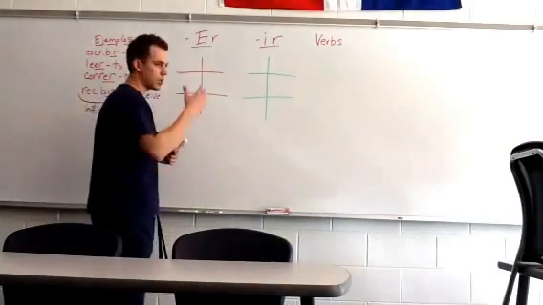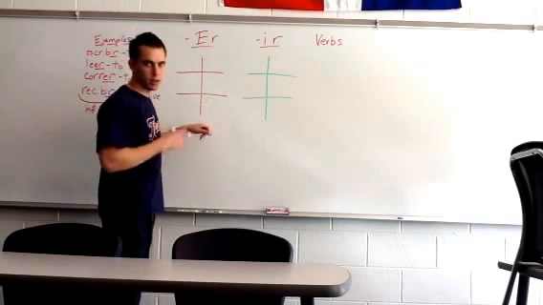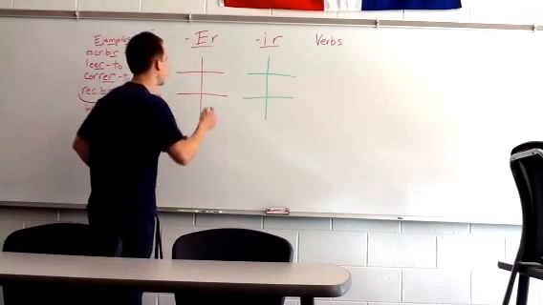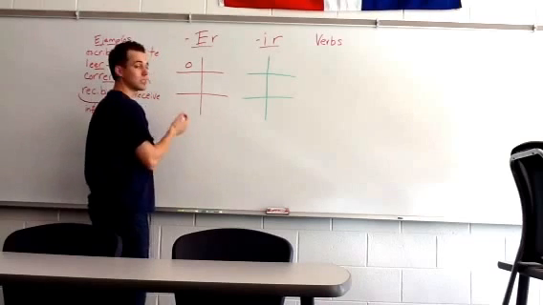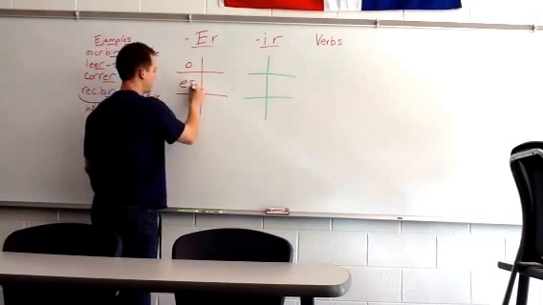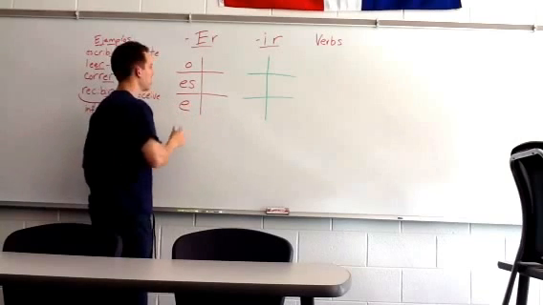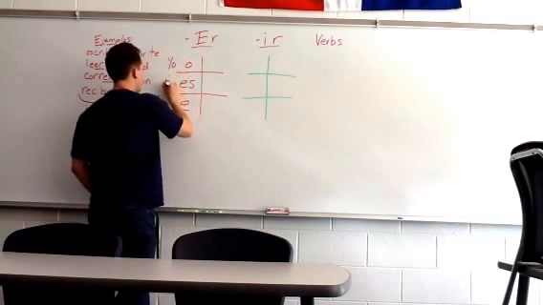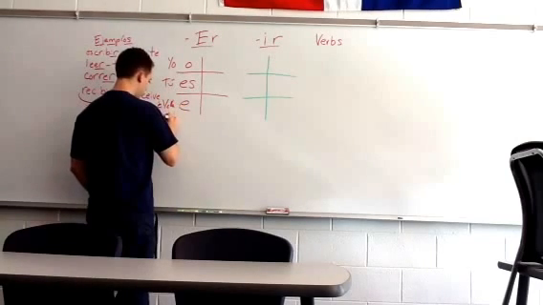As we learned with the AR verbs, it went o, as, a, amos, an. Now, for ER verbs, the first person ending is going to be o. Second person ending is going to be es. Third, e. So this is yo, tú, and this is él, ella, or usted.